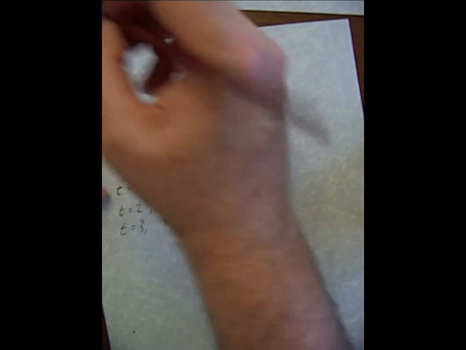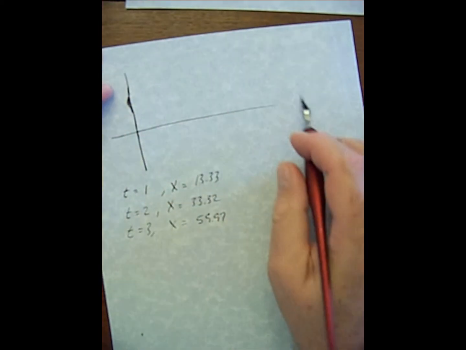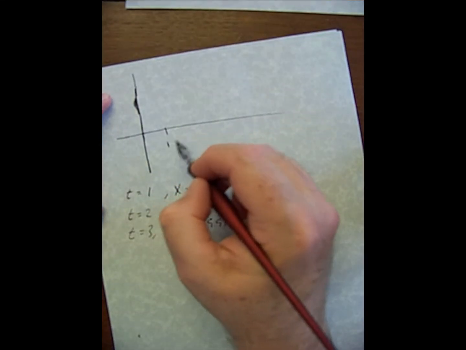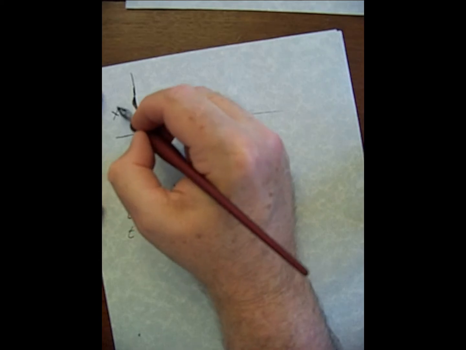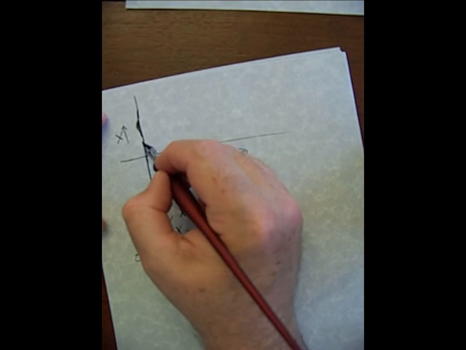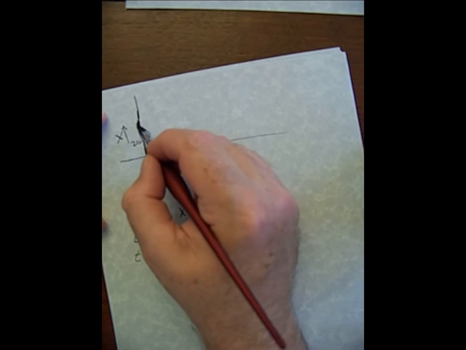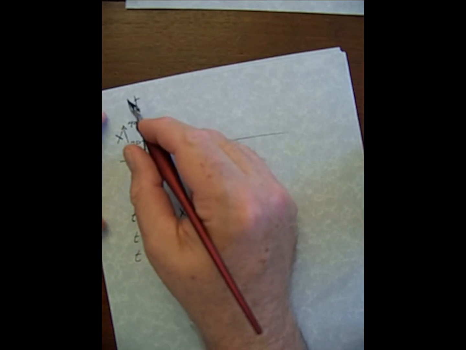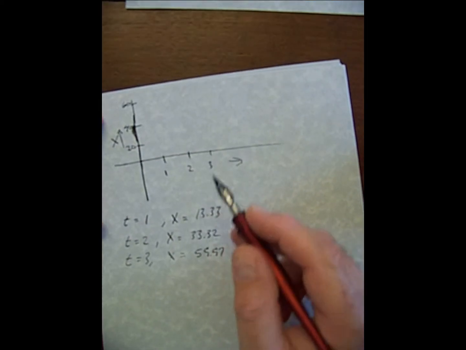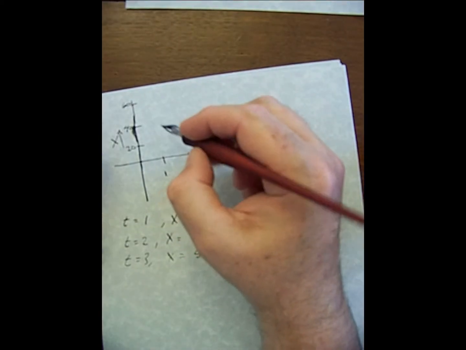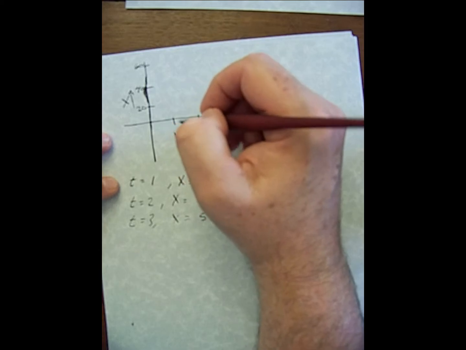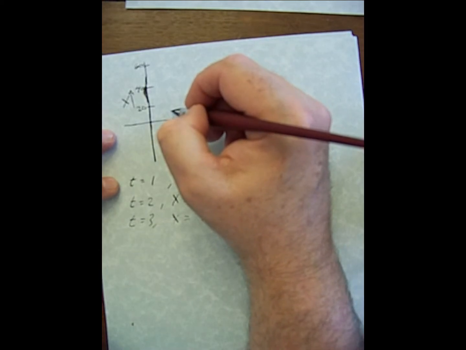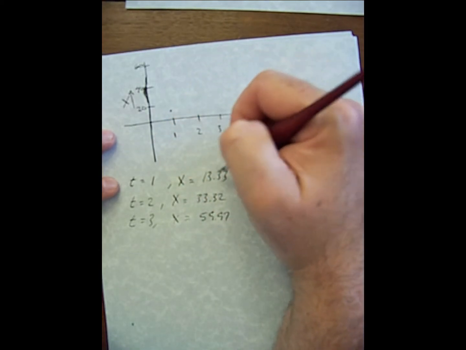So if I wanted to plot those, this is my time scale, and this now is x, and I'll be a little arbitrary here, 20, 40, 60 miles. Then after 1 mile, I'm at 13 1/3, so let's just say that's right there.